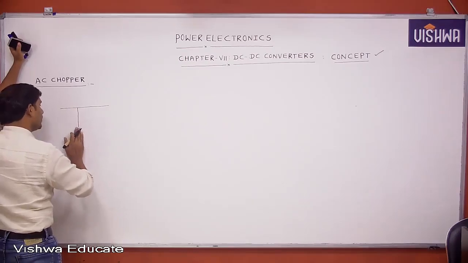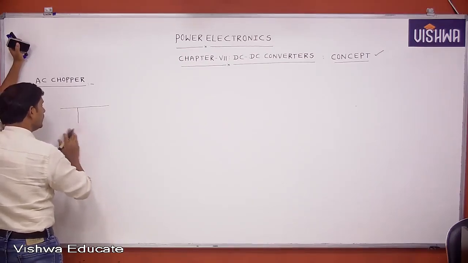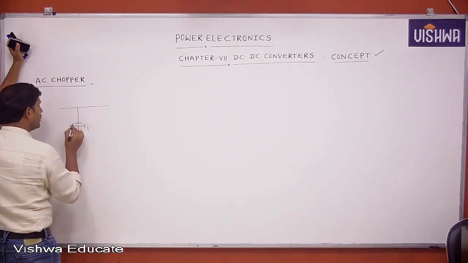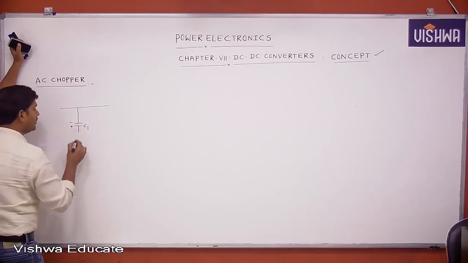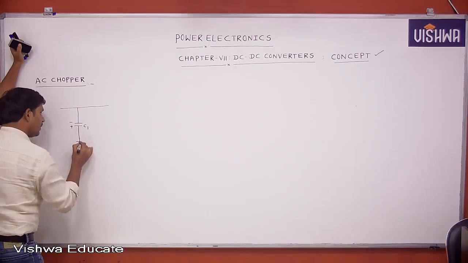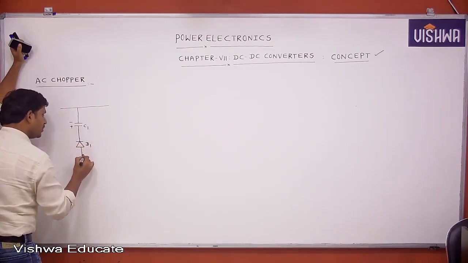First you connect one capacitor, C1 capacitor, with the polarity negative positive. Let's assume that initially this is the polarity, and we are connecting one diode also. Let this be the D1 diode. This is the circuit we are using to change the magnitude of voltage level.